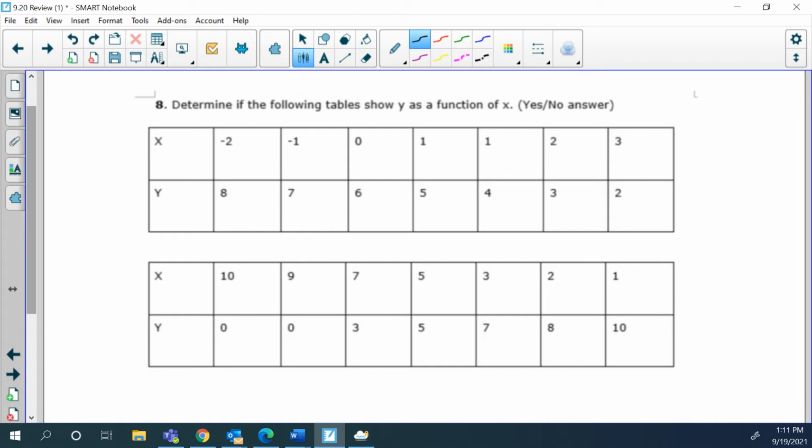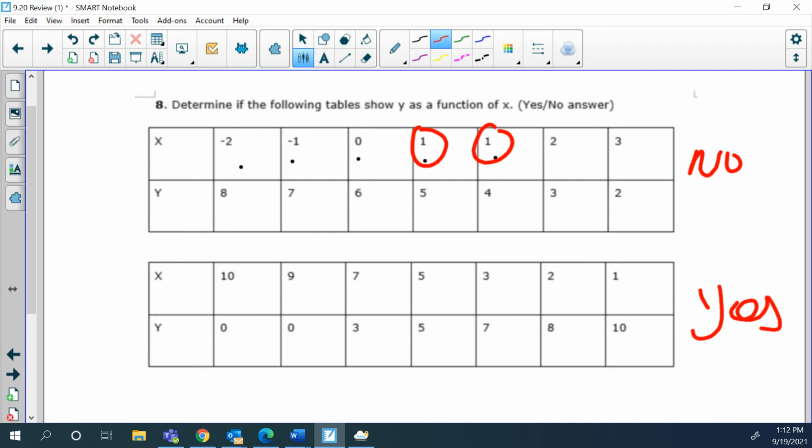So let's look at the first one here. Let's look at the x values. We have -2, -1, 0, 1, and 1. Here it repeats itself, and because the x values repeat itself, this is not a function. On the second one, we have 10, 9, 7, 5, 3. This is a function because the x values don't repeat themselves. Right? That's pretty easy right there.